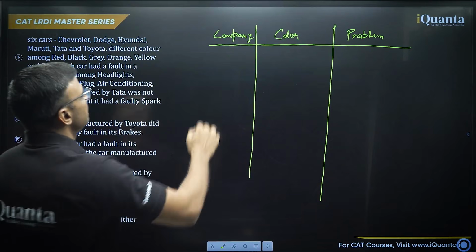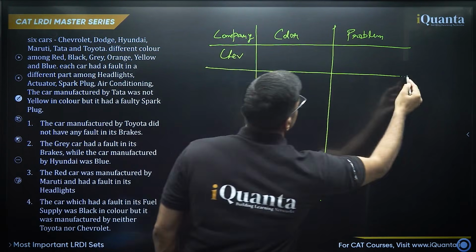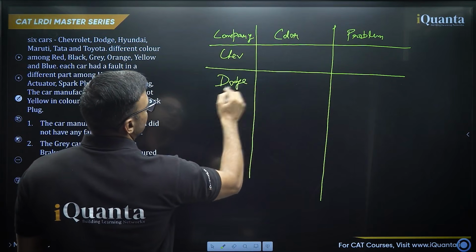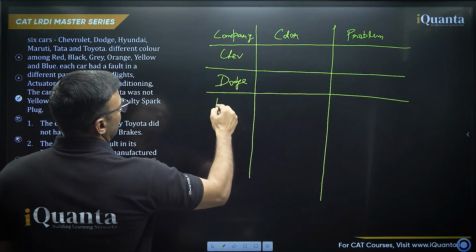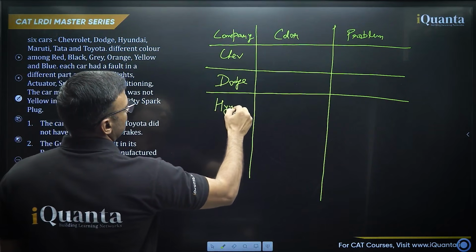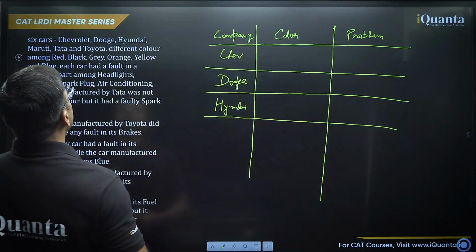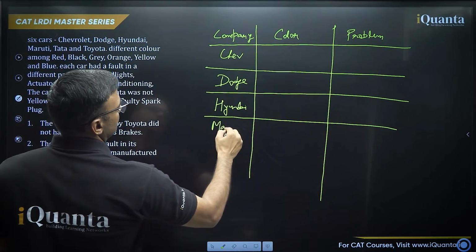Company is Chevrolet, so CHEV, Dodge, DODGE. Make sure that you do it a little fast. I am doing it slow so that you can note it down, you can work with me and you can understand. Then we have Maruti.